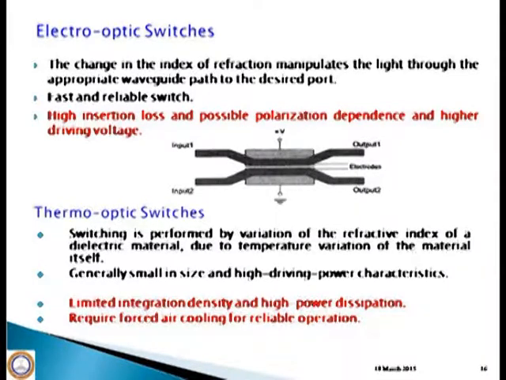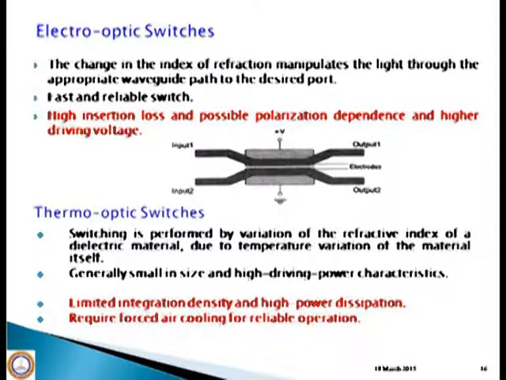So if, using the electrode configuration across these 2 branches, we can make the refractive index of the upper branch more than this, the light will travel through it and go to output 1. But if we change the electrode configuration again, and make the refractive index more in the lower branch, the light will go into it and connect with output 2.